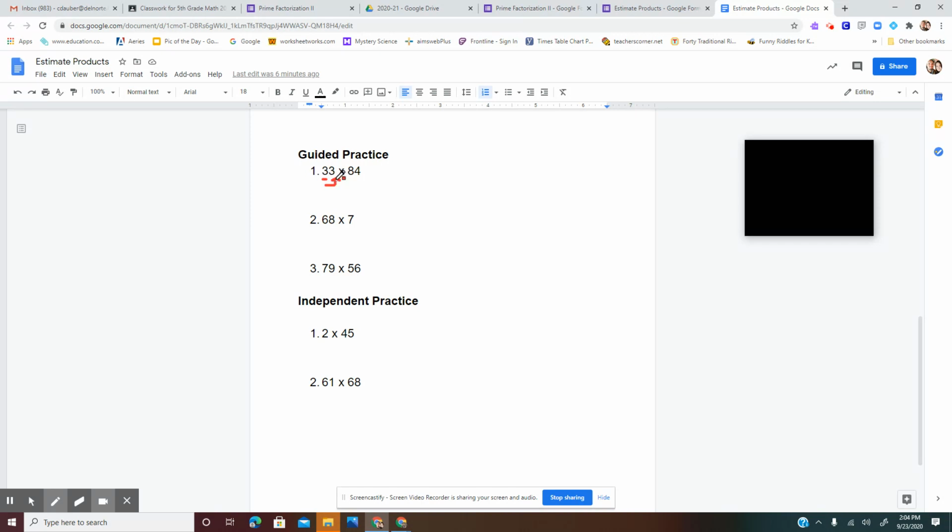If his neighbor to the right is less than 5, this guy stays the same, but if he's 5 or more, this guy goes up 1, and this guy turns into a 0. This guy actually turns into a 0 either way.